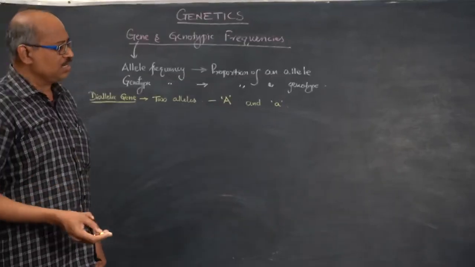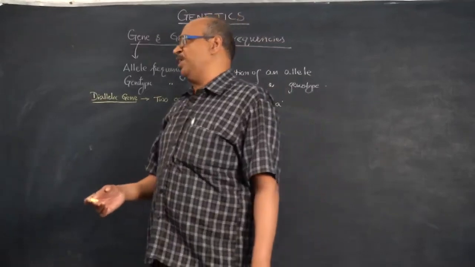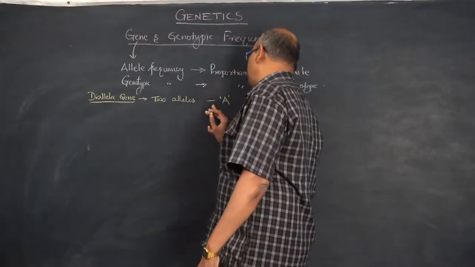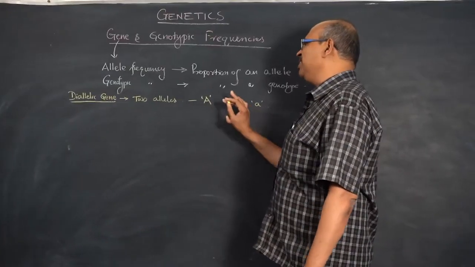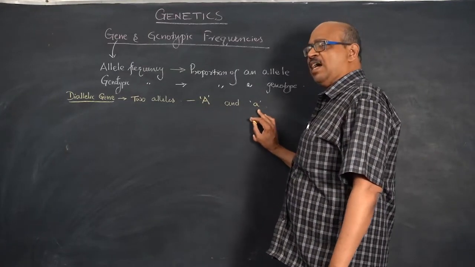You can have a case where they are co-dominant, or a case where one is partly dominant and another one is recessive. But to make things easy, we are taking one allele as dominant, one allele as recessive.